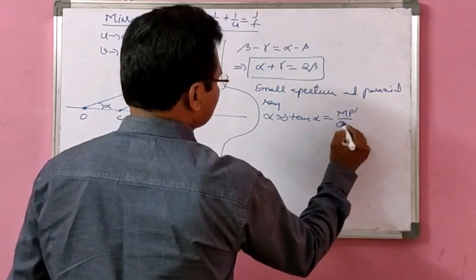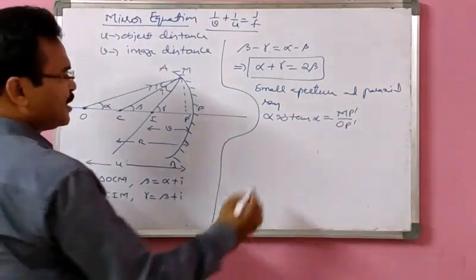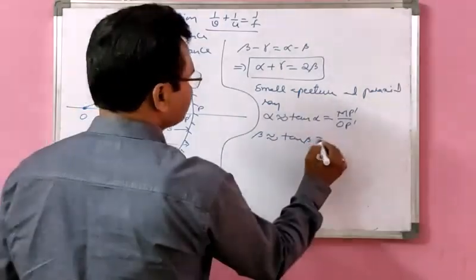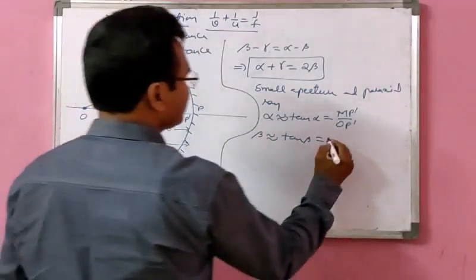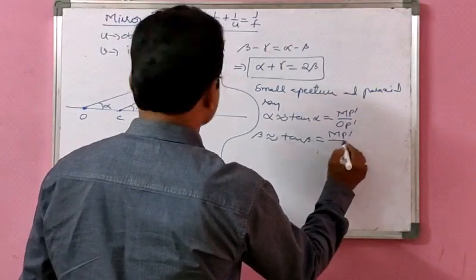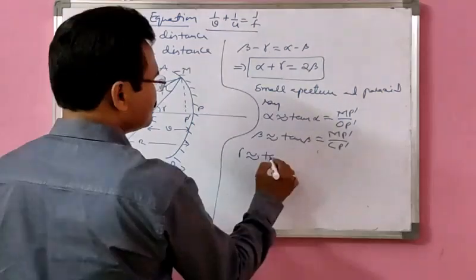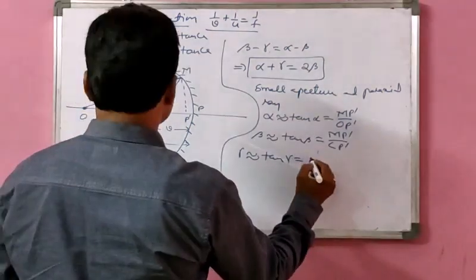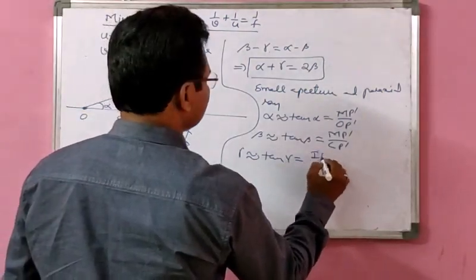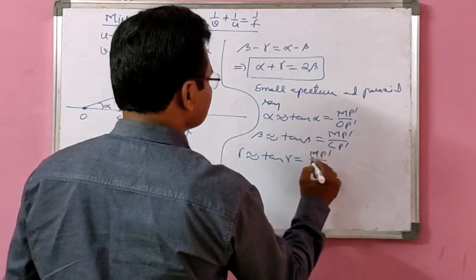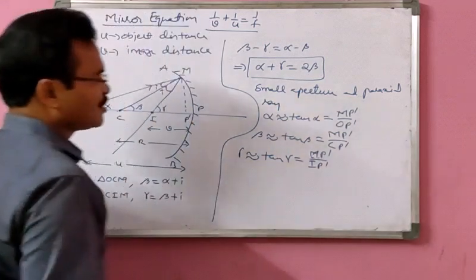MP dash by OP dash. And beta is approximately equal to tan beta. Tan beta means what can I write? MP dash by CP dash. And gamma equal to tan gamma, that is, MP dash by IP dash.